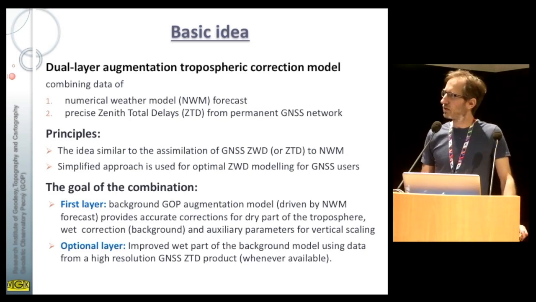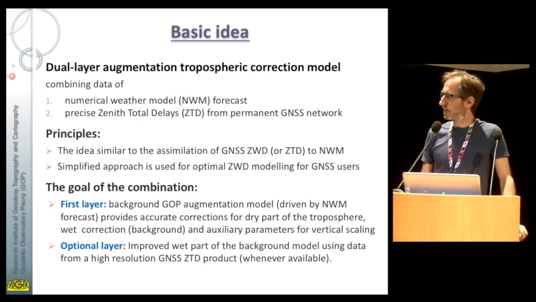So the first layer model is a background augmentation model, exactly what we get from the 3D grid of the numerical weather forecast, corrected to the reference level, and then enabling interpolation to the user, and it can even be based on the forecast prediction of the weather model.